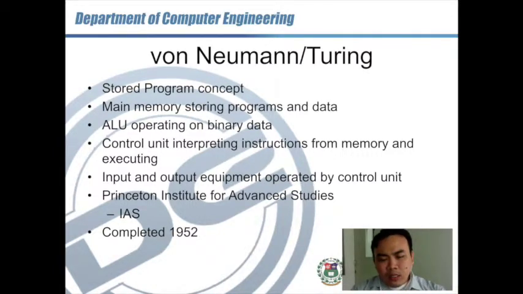Instead of having memory only storing data, memory can also be used to store the program, or your code. And the ALU, for the first time, is operating on binary data, because before, the architectures were operating on a decimal system. And the control unit interprets instructions from memory and executes the instructions, while your I/O equipment is also controlled by the control unit.